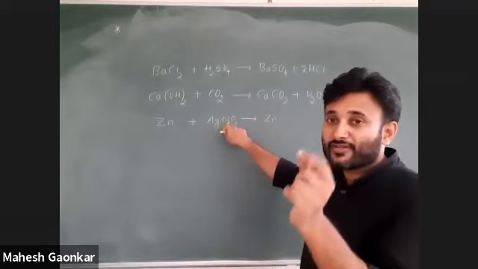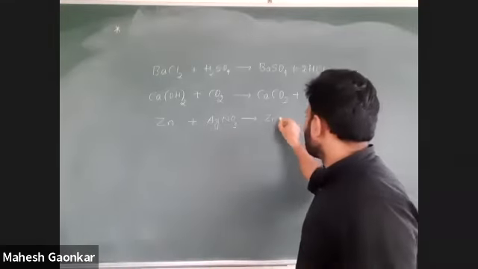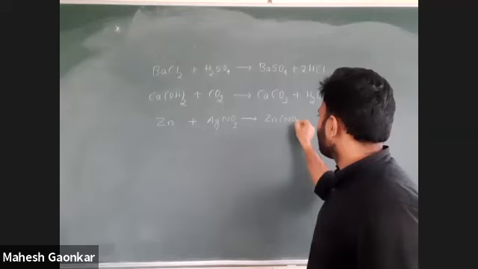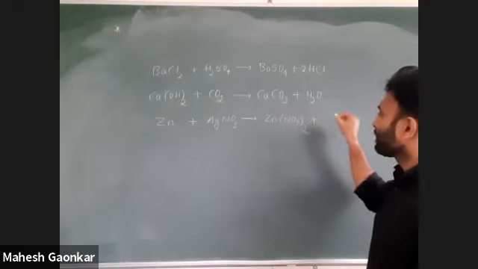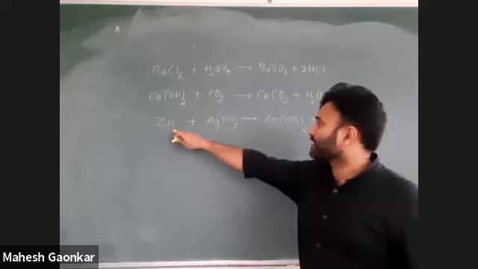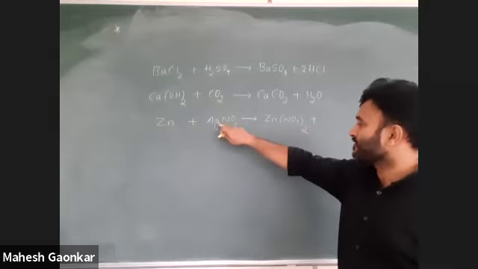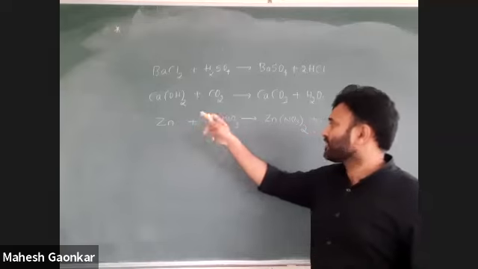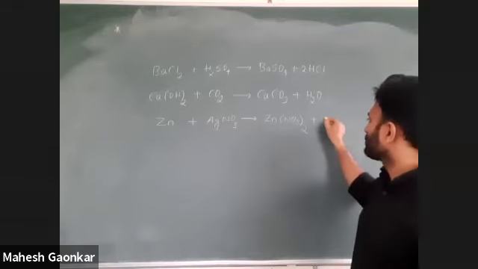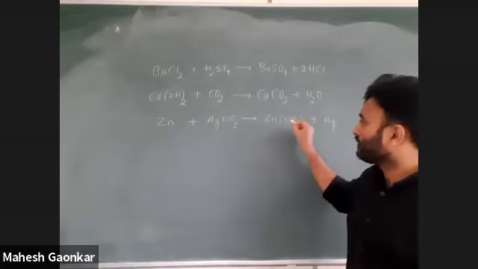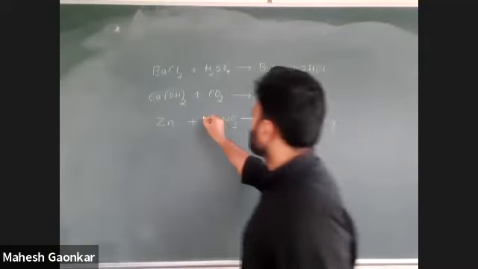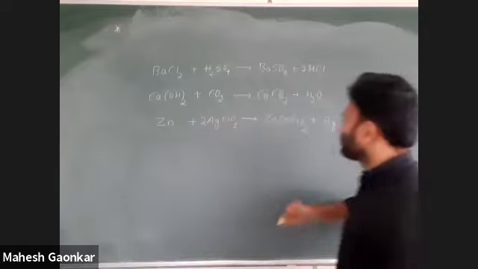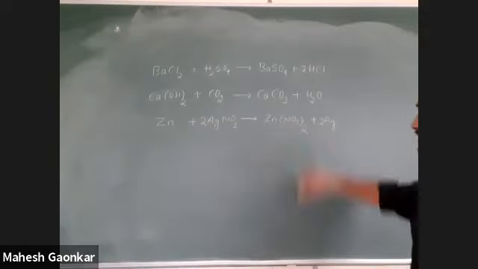Then it should be Zn(NO3)2. Correct? Plus silver. Zinc has displaced the silver from silver nitrate solution. Therefore, it's a displacement reaction. NO3 twice, so it has to be 2 AgNO3 and here it will be 2 Ag.